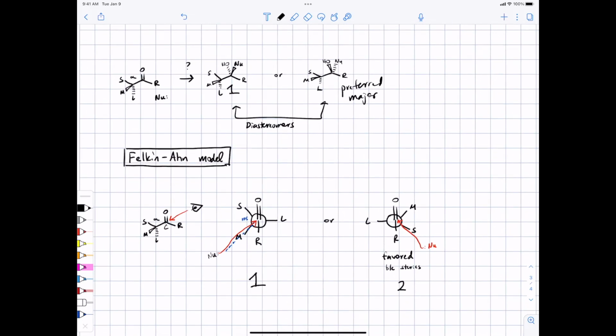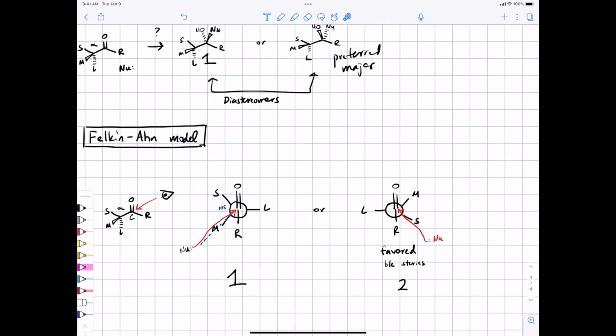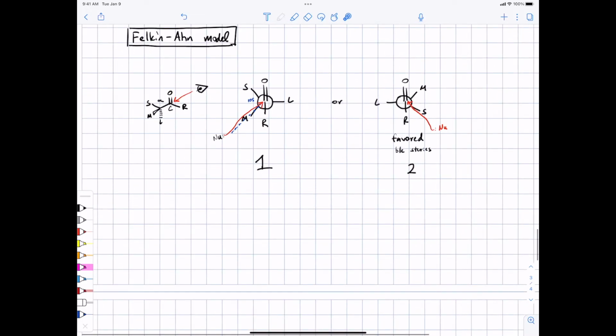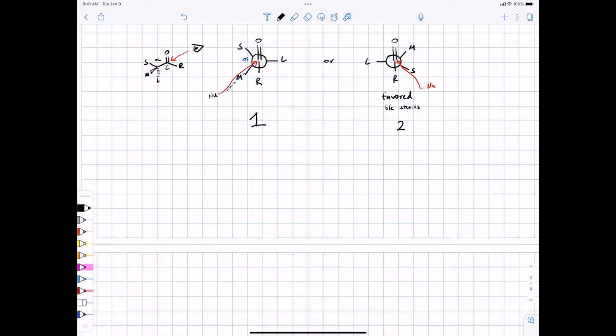Now, of course, you might imagine that diastereoselectivity is going to depend on the relative size of these groups, and you can think of lots of situations where it wouldn't be very good. In particular, let's replace one of the groups on that stereocenter.